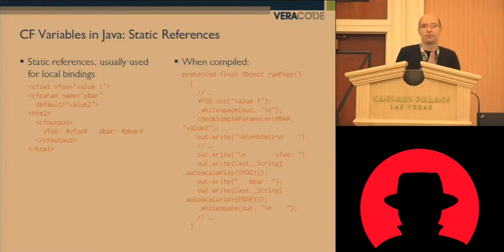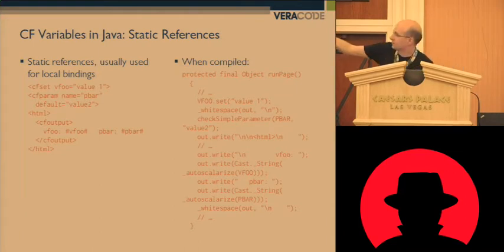Because the variable names are accessible dynamically in a way that's not really possible in Java outside of reflection, the generated Java is actually kind of ugly sometimes. When it comes to variables, we have a simple piece of code over here that just sets a variable named vfoo to value 1.